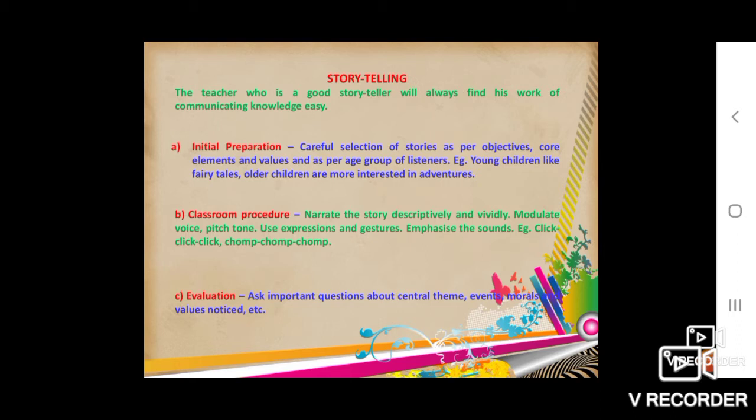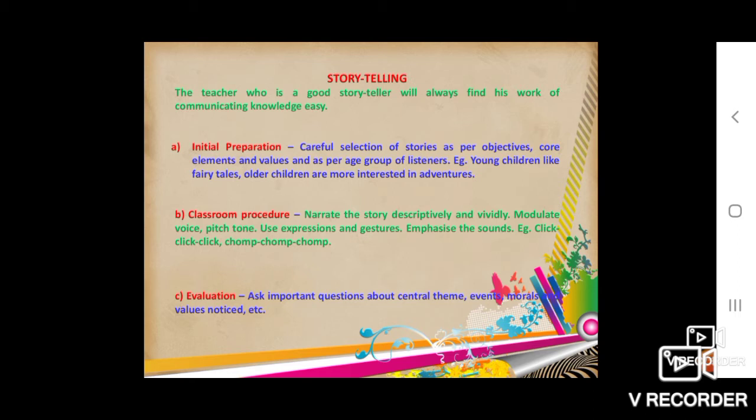Older children are more interested in adventurous stories. So while teaching a particular prose or poem, you will have to add such a story, keeping proper objectives, core elements and values, and the age group of the listeners to whom you are going to tell this story.